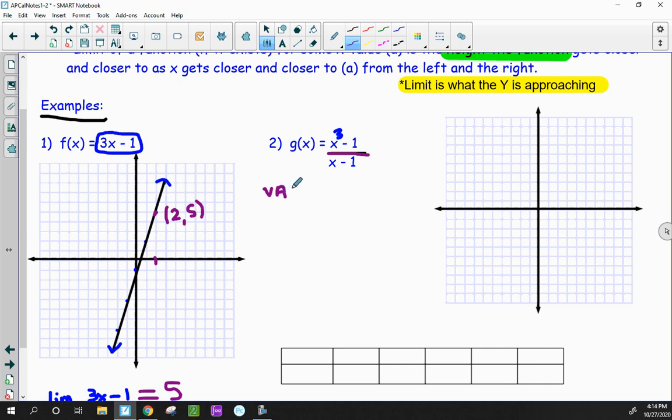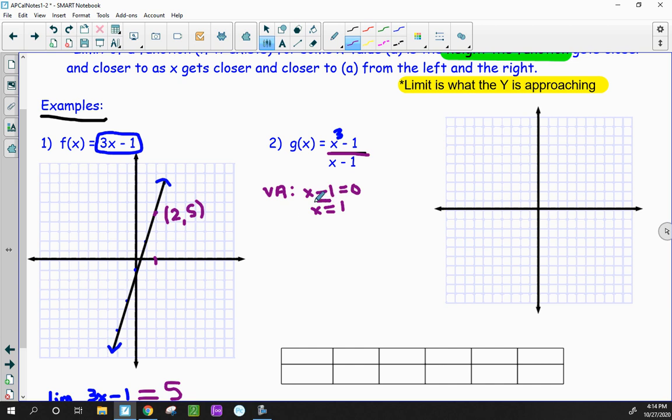So the first criteria is to figure out where the vertical asymptote or asymptotes are. Basically the way you do that is you take the denominator and set it equal to 0, and you solve. And when you do that, x is going to be equal to a positive 1.